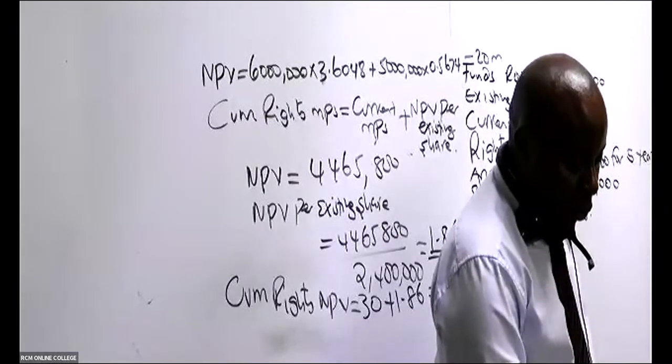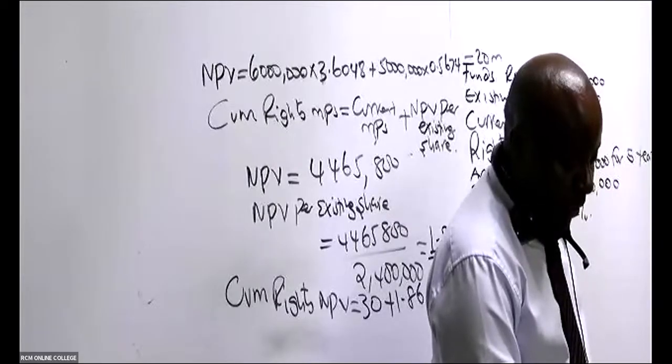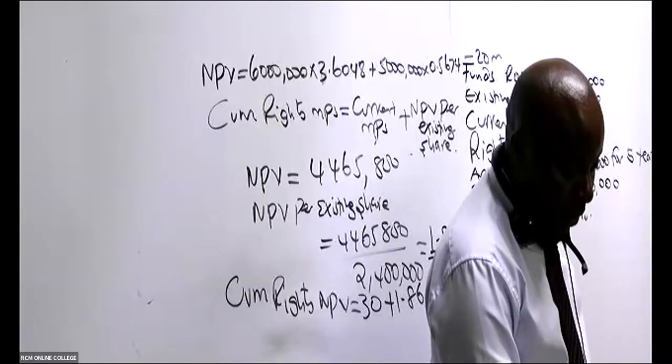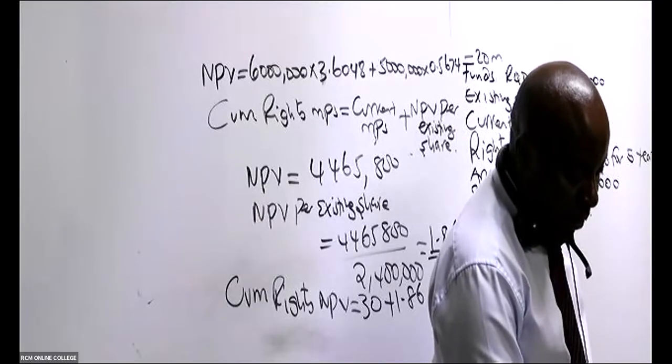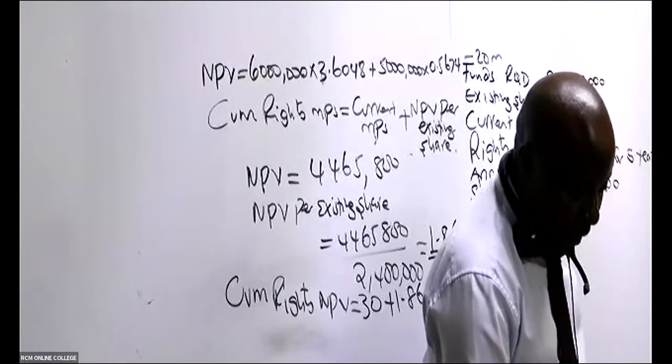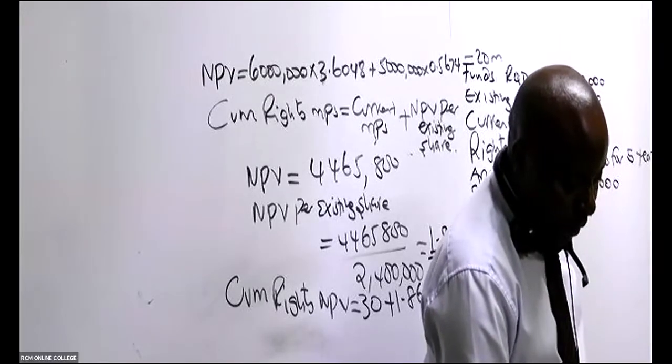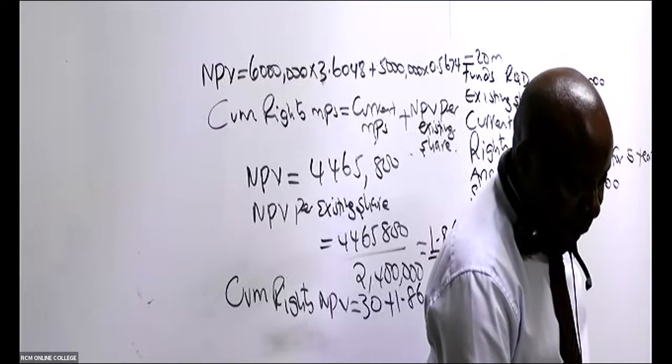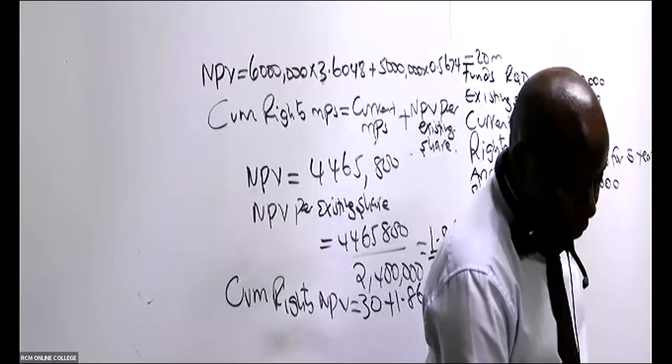How many rights do we need to be able to buy one new ordinary share?